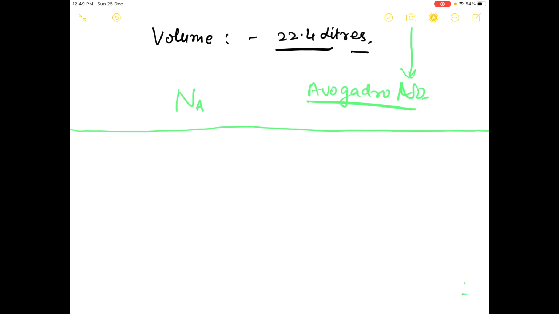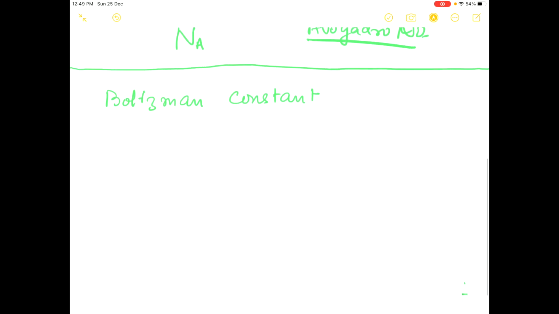and now we come to Boltzmann constant, and the relation between Boltzmann constant and ideal gas constant.